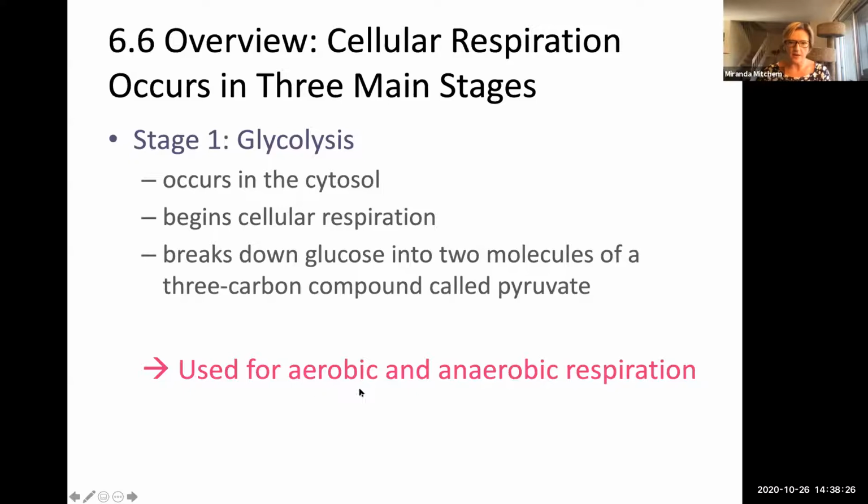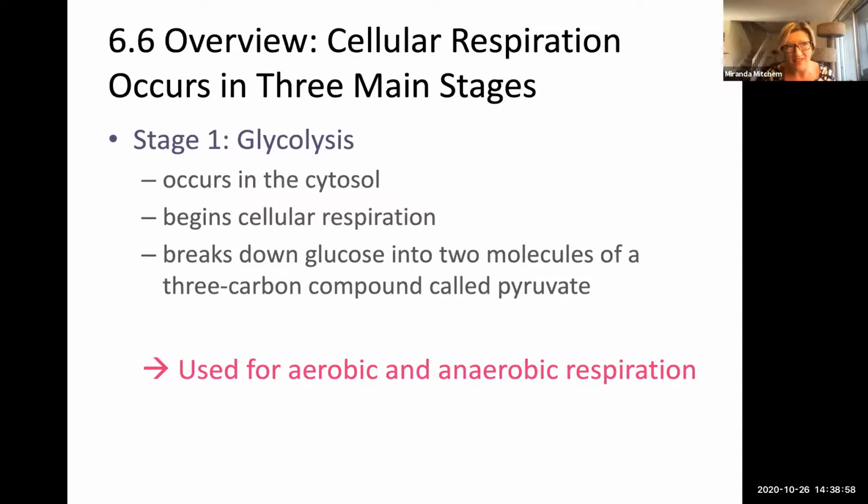So again, glycolysis is used for both aerobic, in the presence of oxygen, and anaerobic, in the absence of oxygen, respiration. We will spend a little bit of time at the end of this module talking about the different types of anaerobes. What I would like you to know now is that anaerobic means that it doesn't utilize oxygen in the chemical reaction.